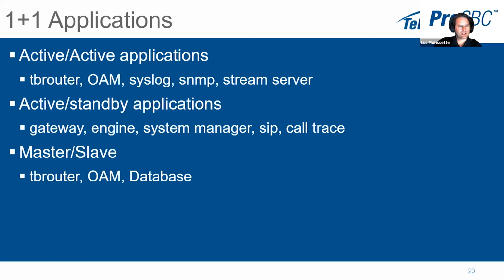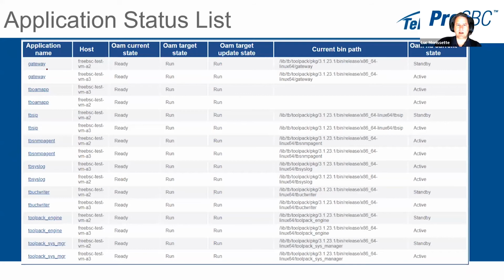So the question: example on a 1+1 system. If the gateway application failed on host 1, then the gateway application on host 2 will take place. Correct. Let me show you the next page here. You have gateway running here.